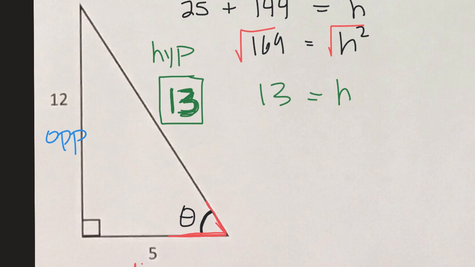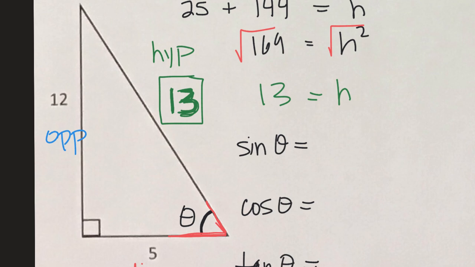So let's write down your 6 trig ratios. Sine is a ratio of your opposite and your hypotenuse. The opposite side is 12 and the hypotenuse is 13, so the sine of that angle is 12 over 13.